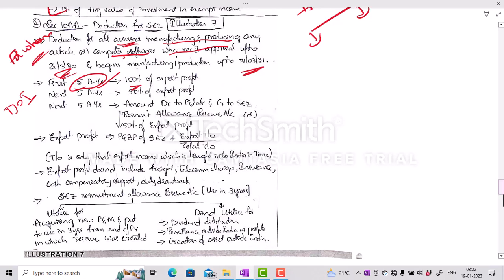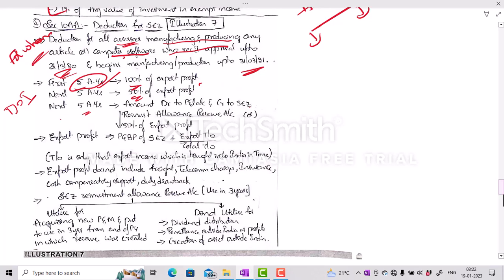So if it is first 5 assessment years, 100% of export profit will be eligible for deduction under section 10AA. If it is next 5 years, then only 50% of export profit. Then next 5 years, amount debited to P&L account and credited to cess.